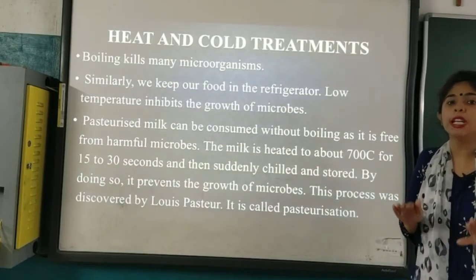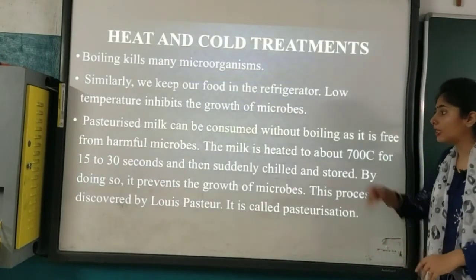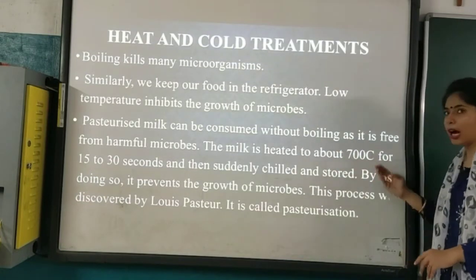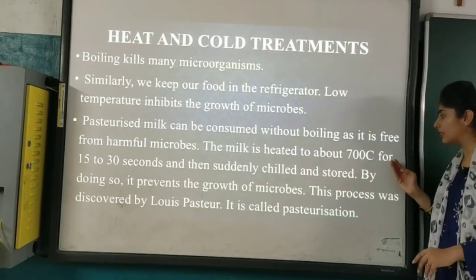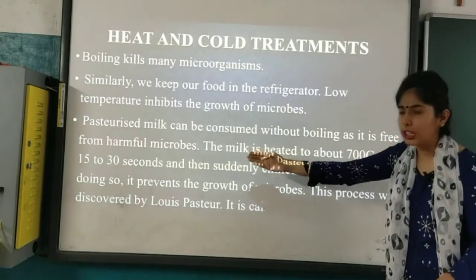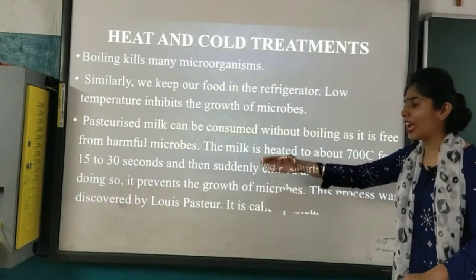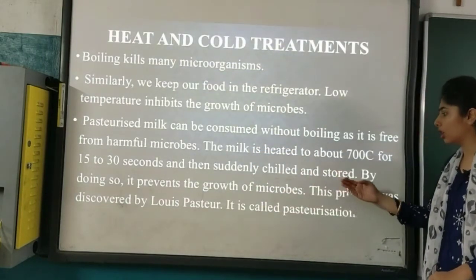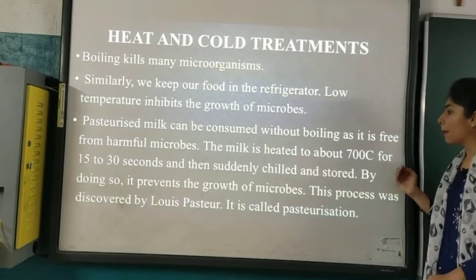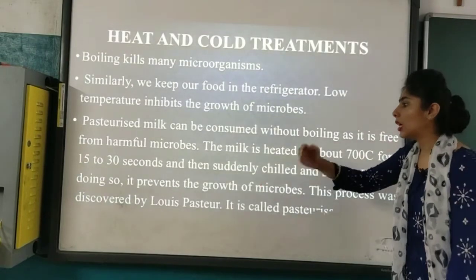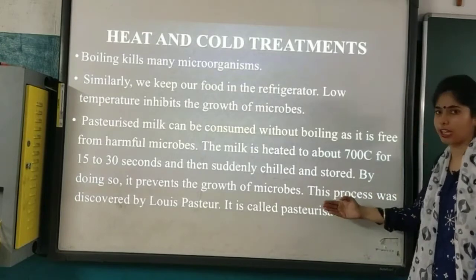Okay, it will be inhibited. Now let us see, the milk is heated to about 700 degrees Celsius for 15 to 30 seconds and then suddenly chilled and stored. By doing so, it prevents the growth of microbes.